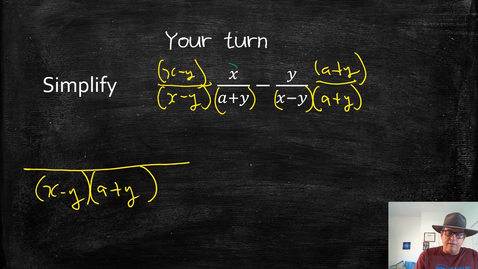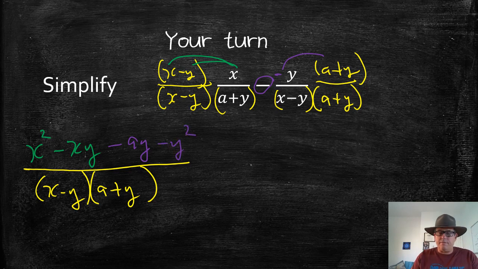And up top, I need to multiply out my brackets. So I'm going to get x squared minus xy. And over here, don't forget this minus sign. Just think about that as a minus y. So it's going to be minus ay, and it's going to be minus y squared.